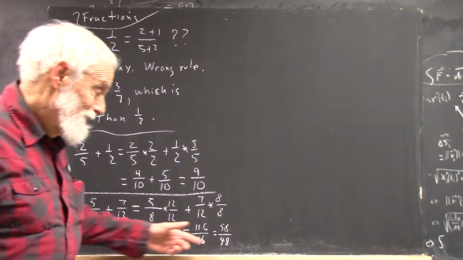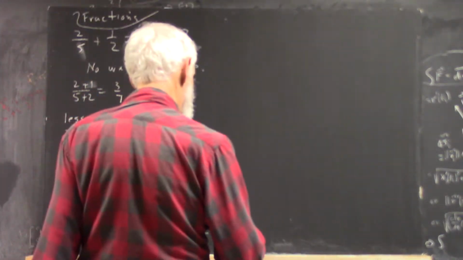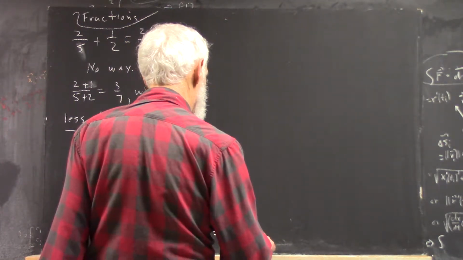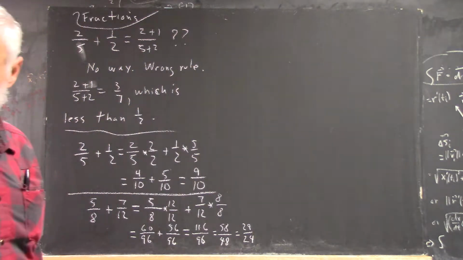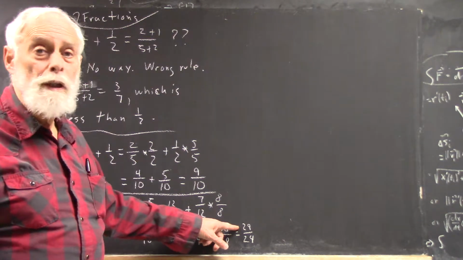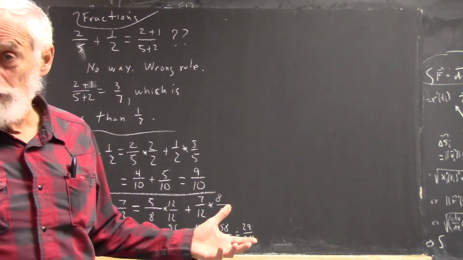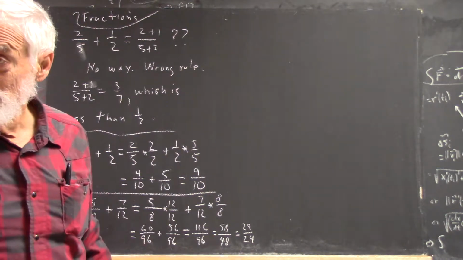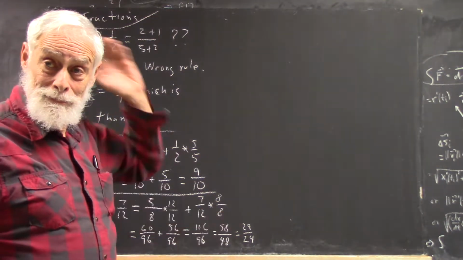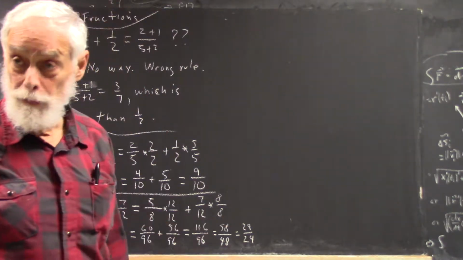And of course then, these are still both even numbers, right? We can divide these by 2 and we get 29 over 24, okay? And now 29 is a prime number. There's no integer that divides it without a remainder. So there's nothing we can divide this by to simplify, okay? So we get 29 over 24.